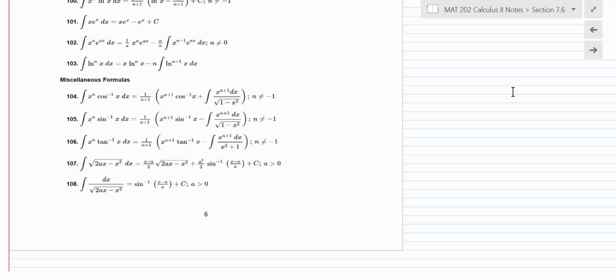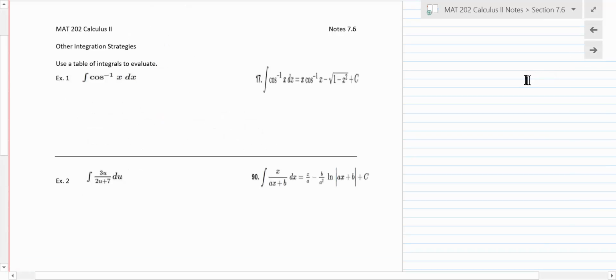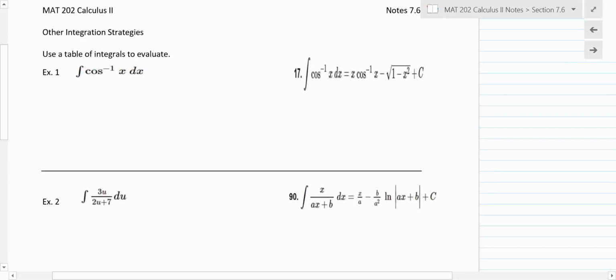Okay, so what we're going to learn how to do is, if you have an integral, sometimes you have to look at a table, so you have to find the one that matches your integral. The way I generally test over this, to save time, because you're under time pressure, is I give you an integral and an abbreviated table with maybe 5 formulas instead of 108, so you don't spend all your time looking for the right integral.